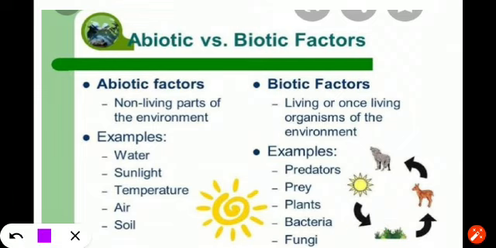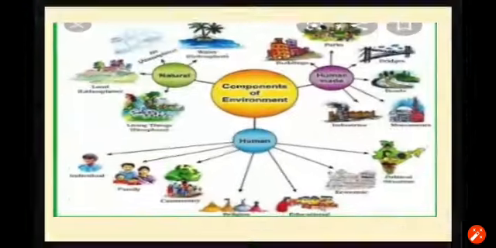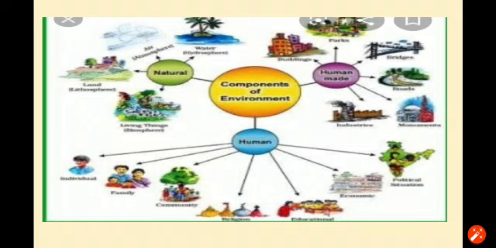Then biotic factors, especially living or once living organisms of the environment. Examples: prey, plants, predators, bacteria, fungi, etc. See the components of environment and have a look. I think you will understand better now.